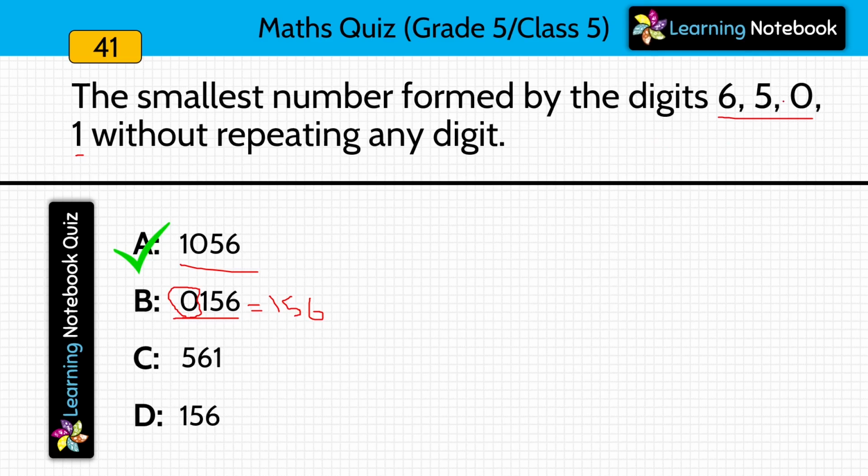So whenever you are given the digit 0 and you have to form the smallest number, then that 0 should be at the second place. So we will start with the next smallest digit, which is 1. Then we will write 0, then 5 and then 6 in ascending order. In this way we have formed the smallest number using all these 4 digits and we haven't repeated any digit as well.